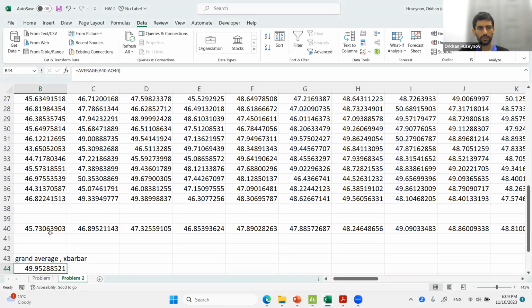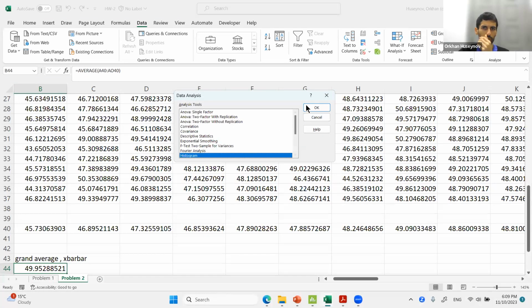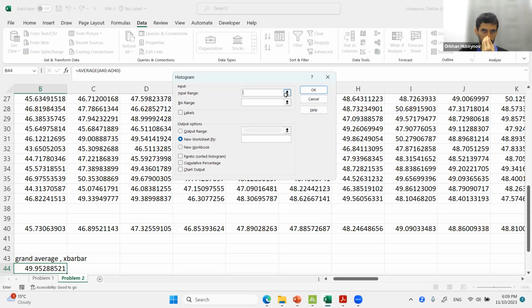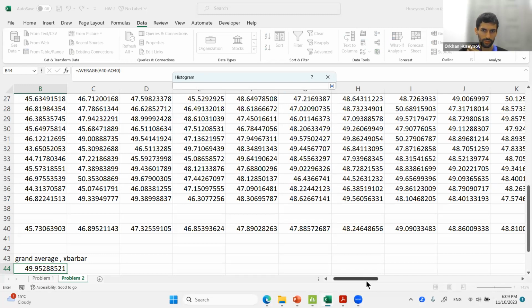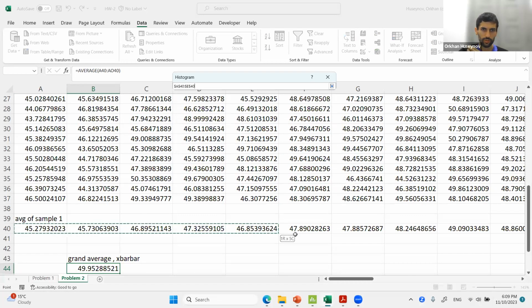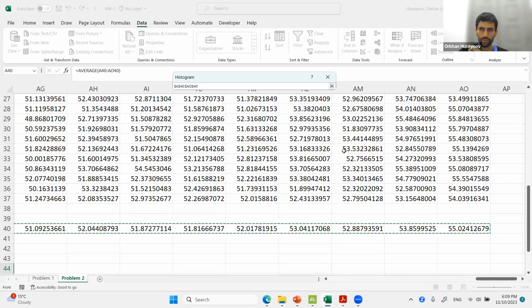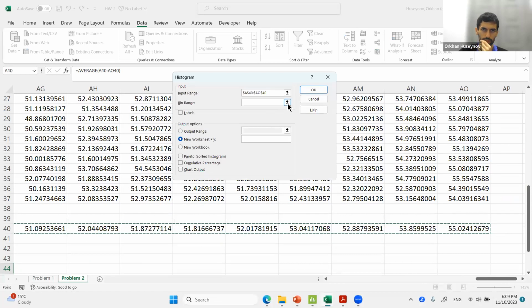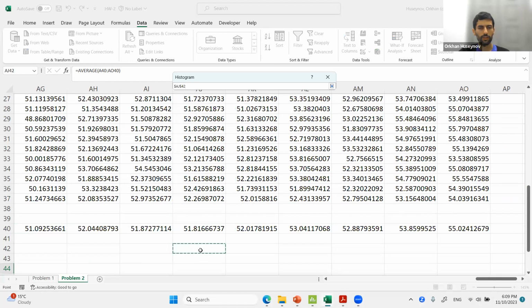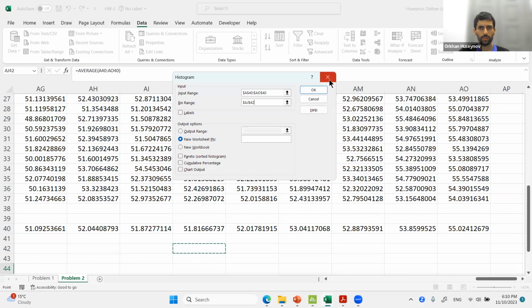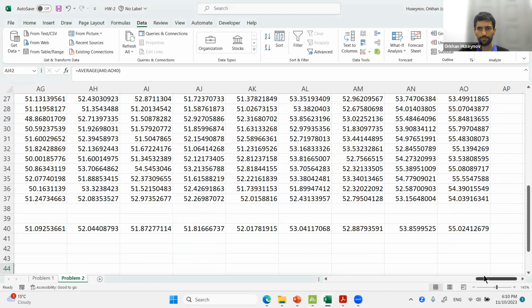So this is the data that I have. And then I will just go to data and then data analysis. And then I will draw a histogram, and the input range is this one. This will be my input range. And then the bin range. So we have to insert the bin range. Let's do that.